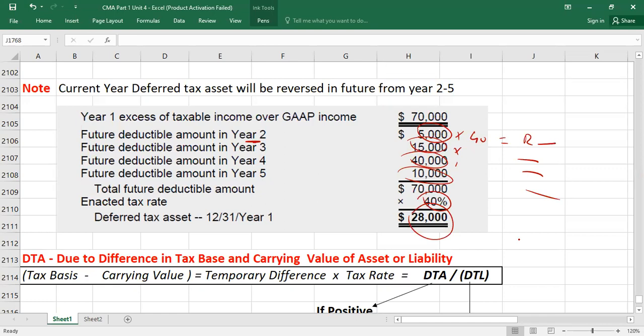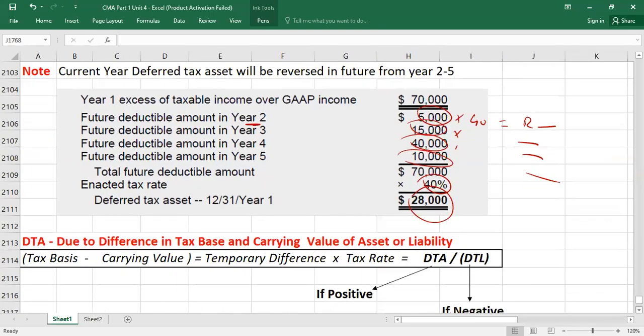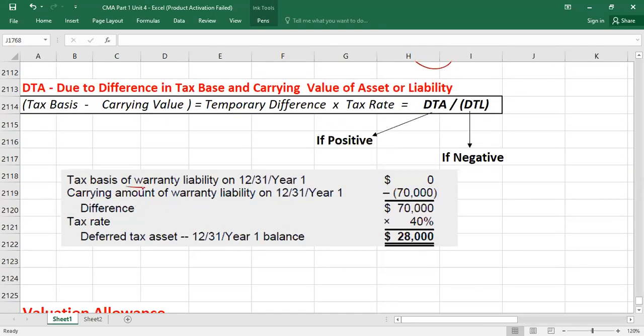Understood? Clear? Now, finally, we can also do carrying value. Because under tax, what happened? Tax basis of warranty liability. Under tax, there was no liability. We don't book an accrual basis liability, right? But under accounting, what was the warranty liability value?